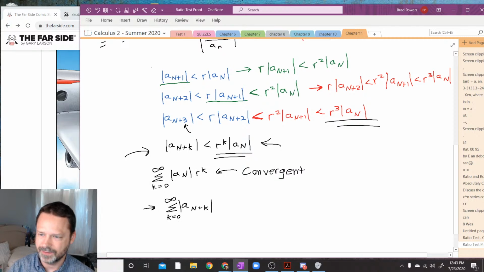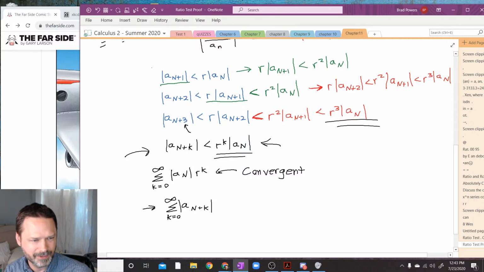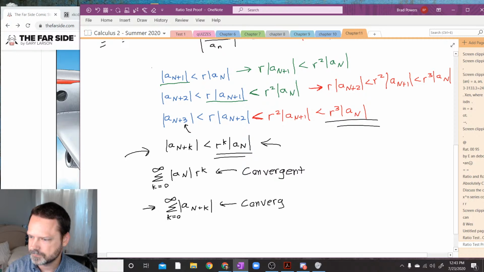That guy's got to be convergent because it's less than the one we just said is convergent. So that's convergent by the comparison test. Whew. All right.